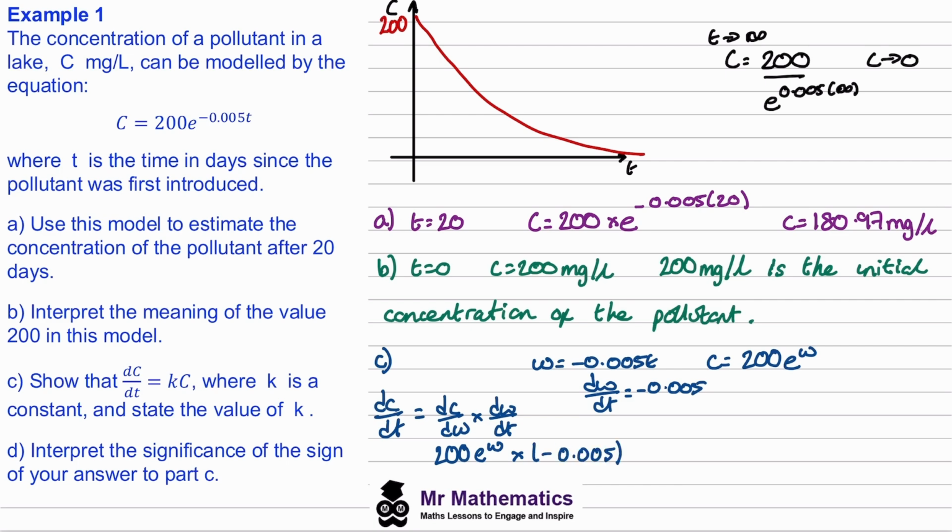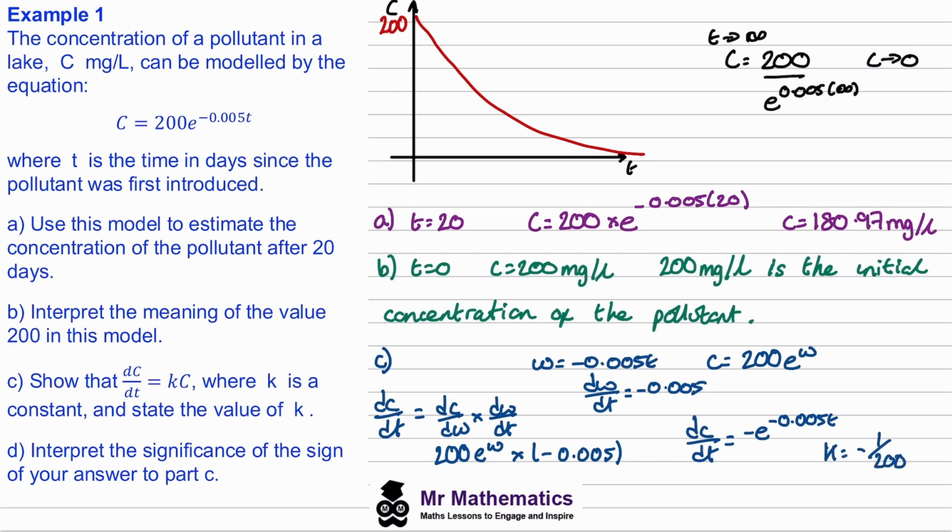So now we can work out dC by dt. We'll multiply the 200 by this, and then we'll substitute the w back in terms of t. So dC by dt will be negative e to the power of negative 0.005t. So k is equal to negative 1 over 200.